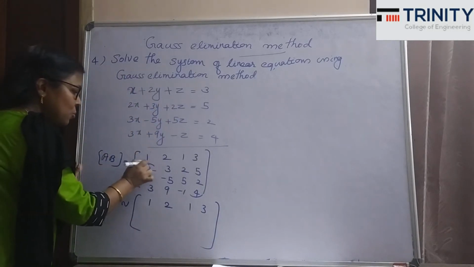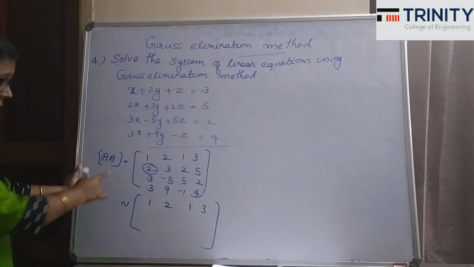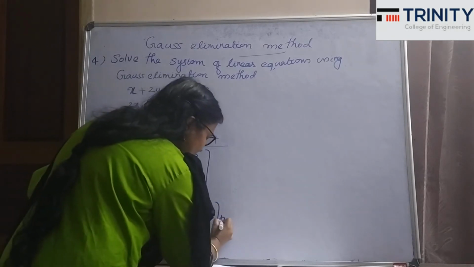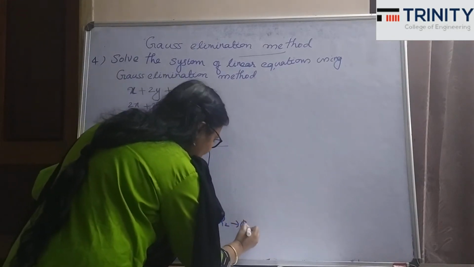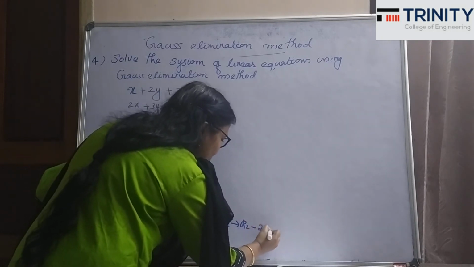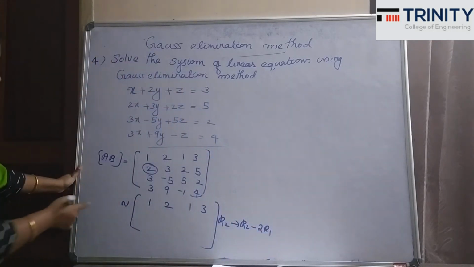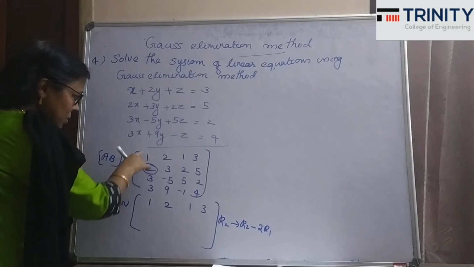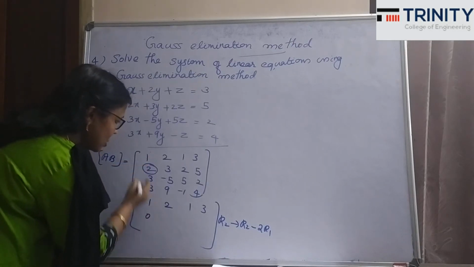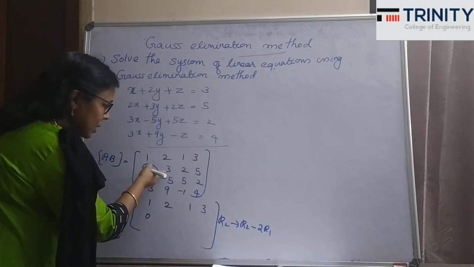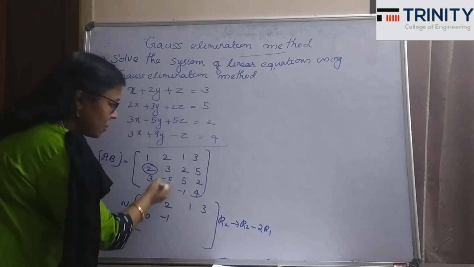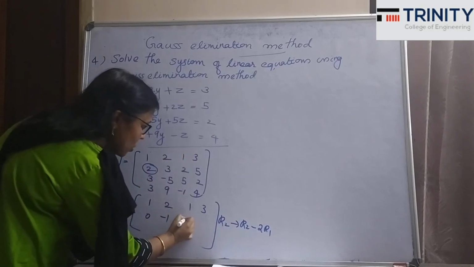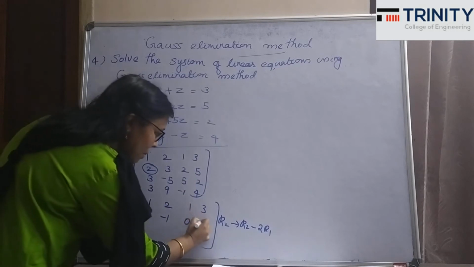Now we have to make this 2 as 0. R2 becomes R2 minus 2 times R1. That is 2 minus 2, 0. Then 3 minus 4, minus 1. 2 minus 2, 0. 5 minus 6, minus 1.